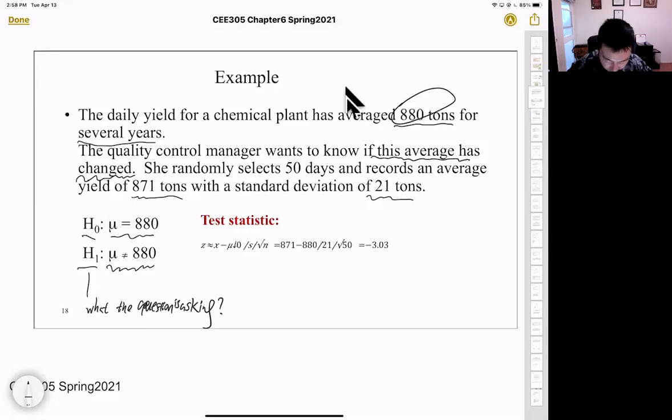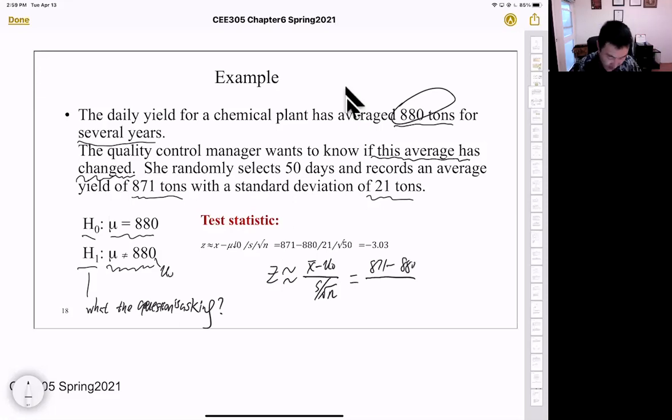And then we check the Z score. The sample mean is 871. Mu zero is 880.